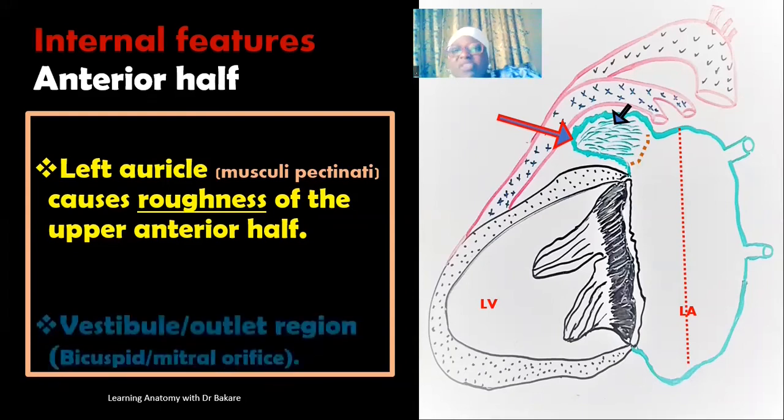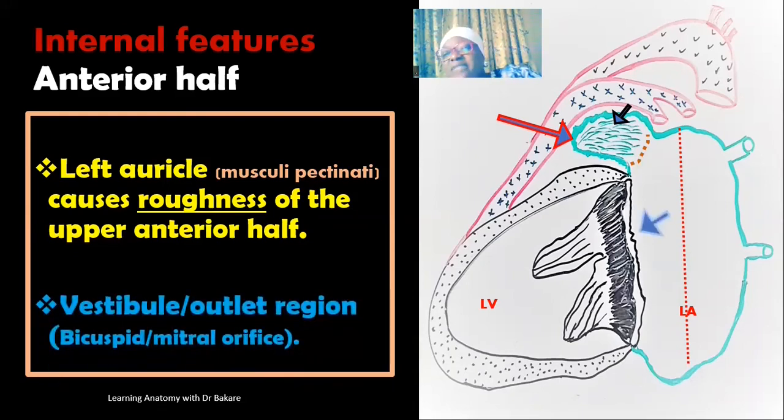If you go more inferior, we have the vestibule. The vestibule is the region that finally opens out into the left ventricle. We have the bicuspid valve or the mitral valve, and we know this is a two-leaflet valve on the left part of the heart that separates the left atrium from the left ventricle. So around the vestibule, we have the opening into the left ventricle, guarded by the bicuspid or mitral valve.